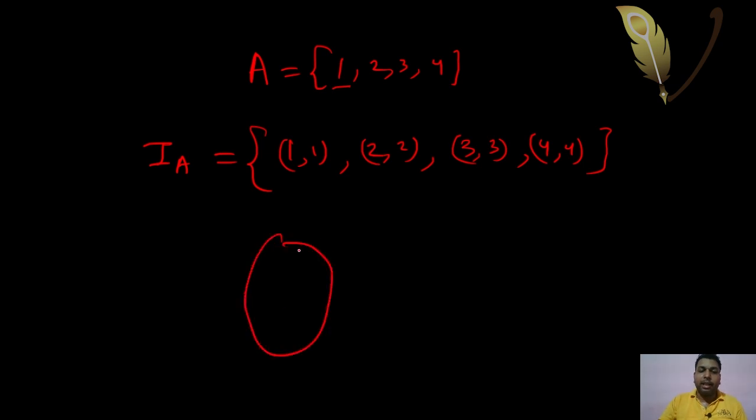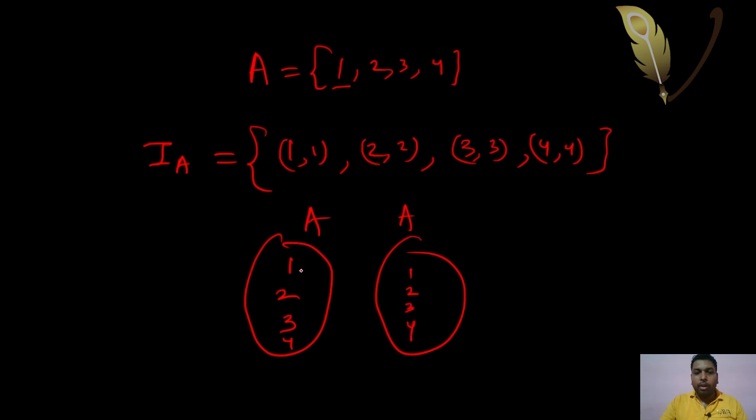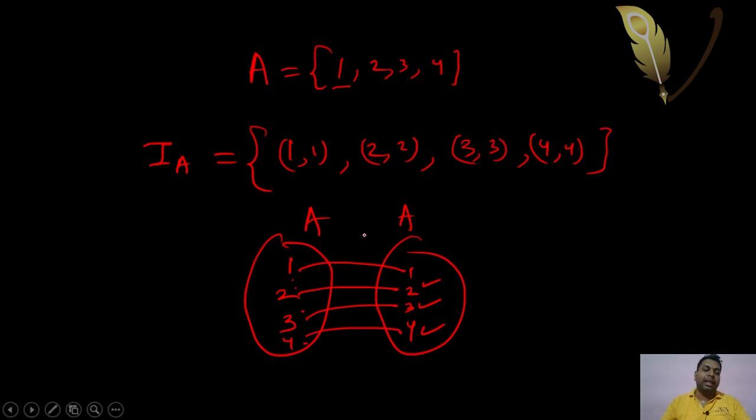Suppose this is A, and this is also the same A. So here A is 1, 2, 3, 4, and here also 1, 2, 3, 4. So the image of 1 is 1, the image of 2 is 2, the image of 3 is 3, the image of 4 is 4. That is, 1 is related with 1, 2 with 2, 3 with 3, and 4 with 4. So it is an identity relation.